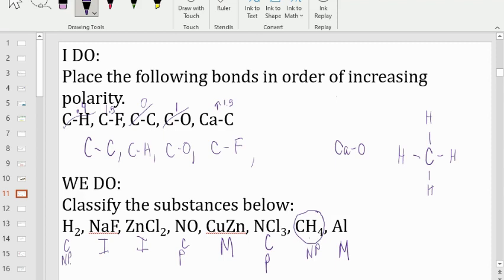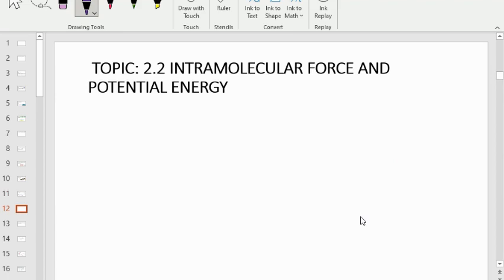All right. Any questions on this so far? All right. So that's 2-1. We're going to talk about 2-2, which is intramolecular force and potential energy. Intra means what?